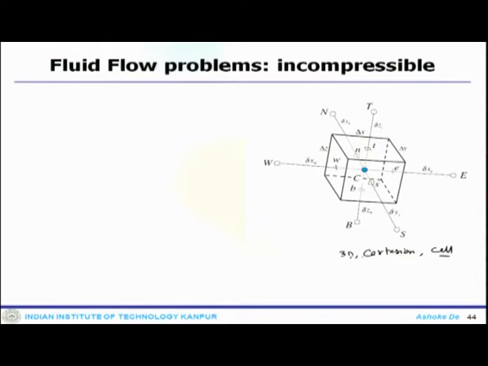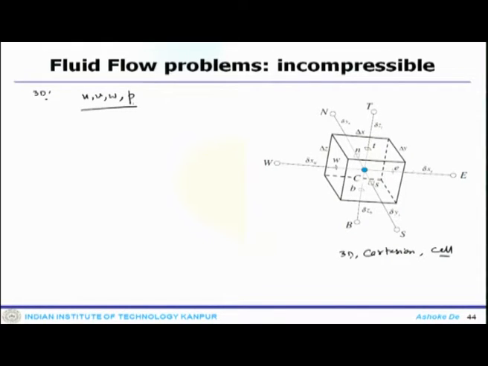There you get 6 faces. In 2D you had 4 faces, now in 3D you have 6 faces: east, west, north, south, top, bottom. So, in 3D your fields would be u, v, w and pressure.